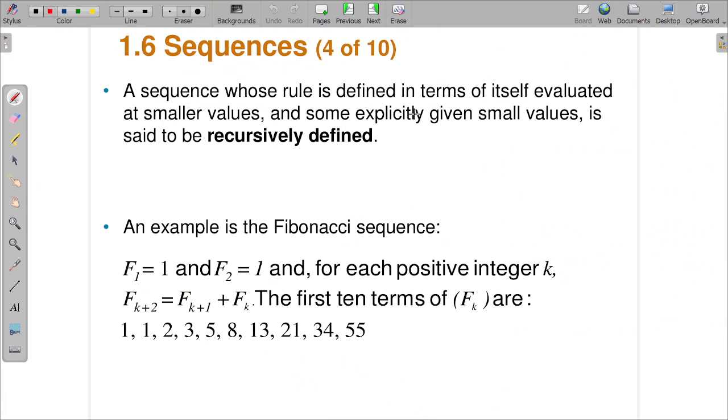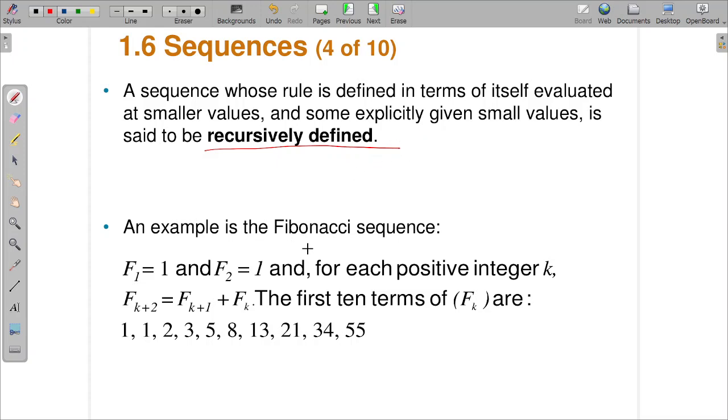Now we come to another sequence. Sometimes a sequence is defined by the terms of itself. A sequence that is defined by the terms of itself is what we call a recursively defined sequence.